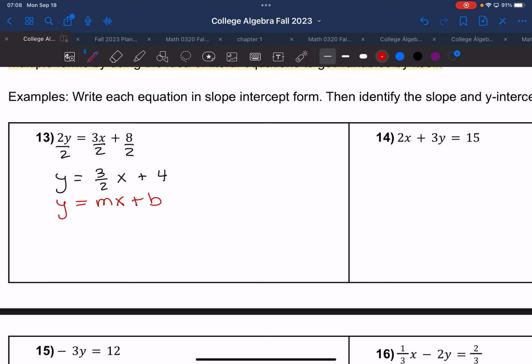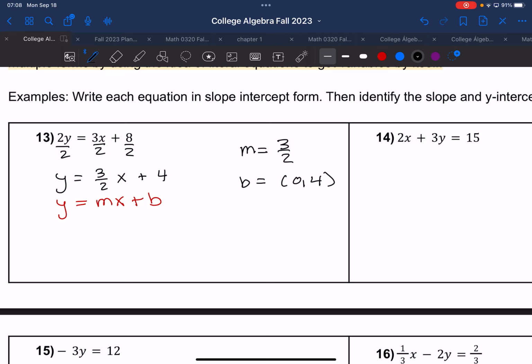In this case, the slope is what number? 3 over 2. And our y-intercept is 4, but we always write it as a point, so that's going to be 0, 4.